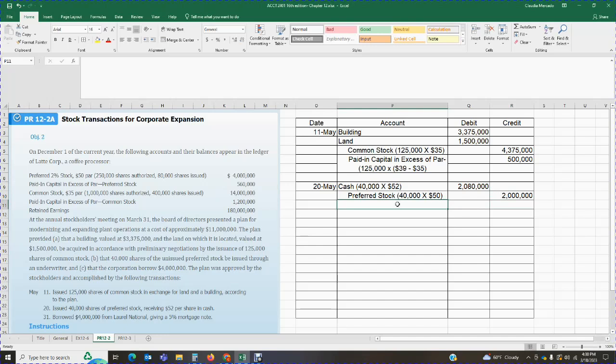Then the difference is the excess, or the premium, and that one we're going to record as paid in capital in excess of par, preferred stock, and that is the 40,000 shares times the 52 minus the 50.